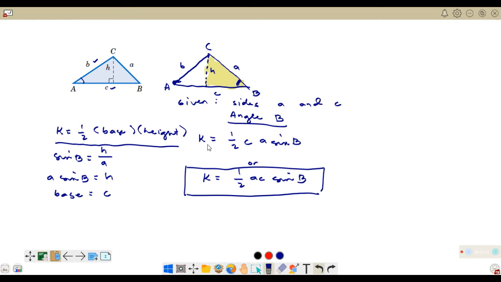Pwede nyo ring makuha yung area if the angle C is given together with sides A and B. And you will see that the area is equal to 1/2 AB sin C. May pattern tayo.